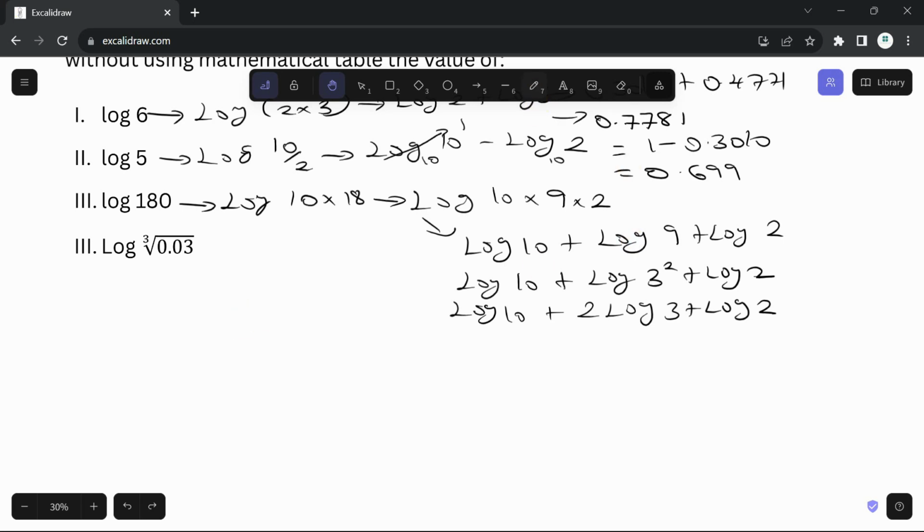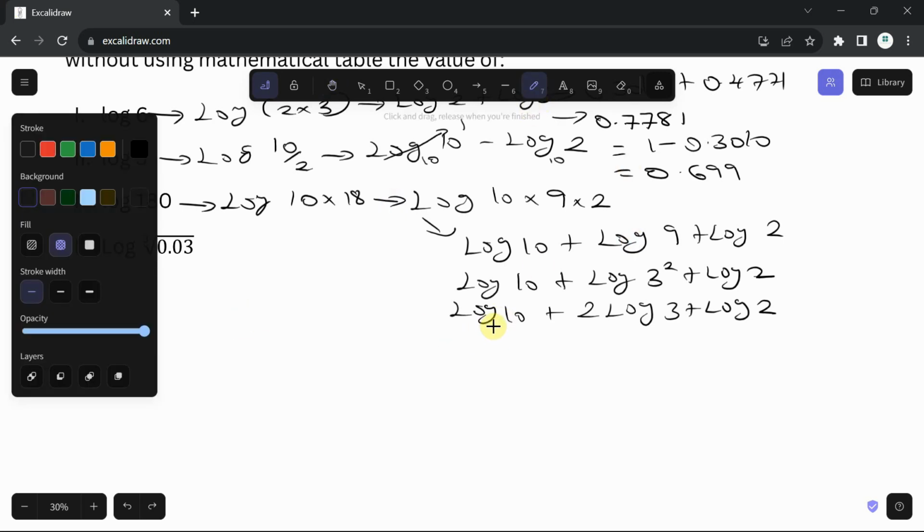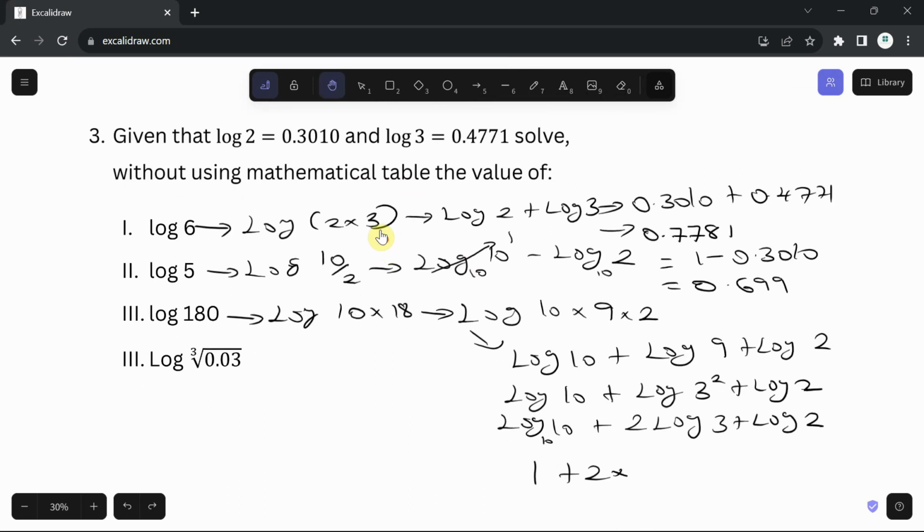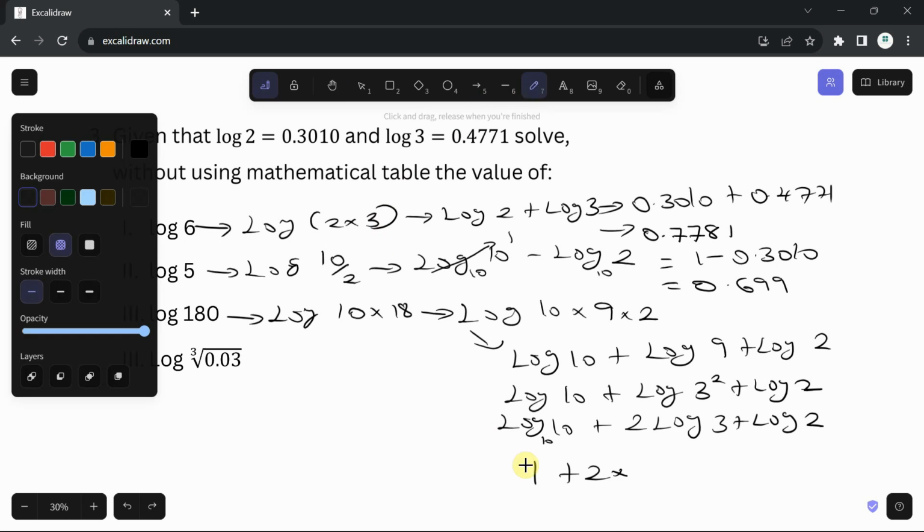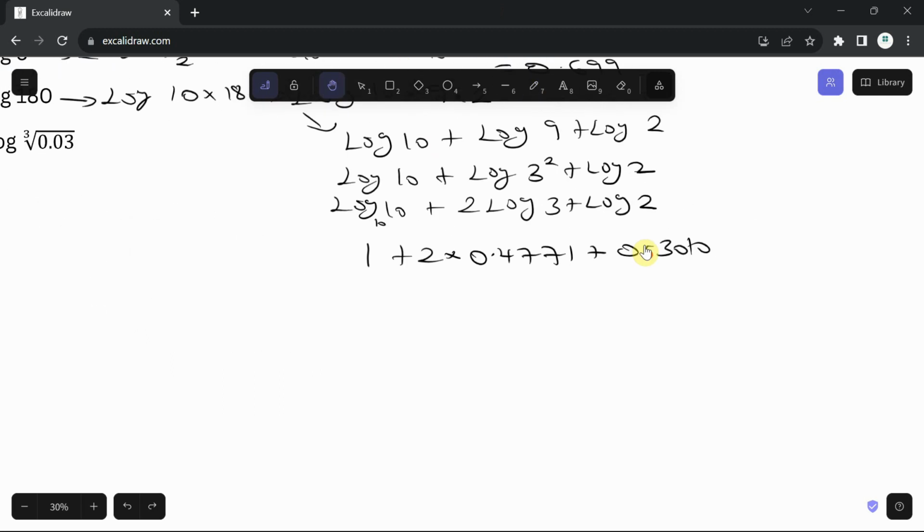Now we can replace. We know that log 10 base 10 is 1. So this is 1 plus 2 times log 3, which is 0.4771, plus our log 2, which is 0.3010. Great. So now all we need to do is simplify.